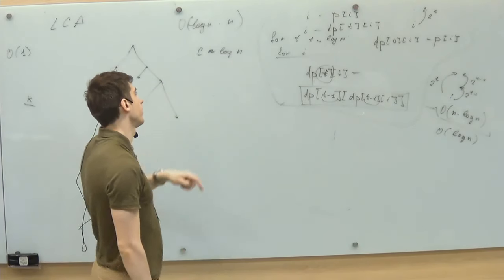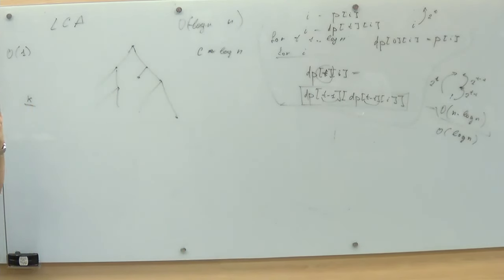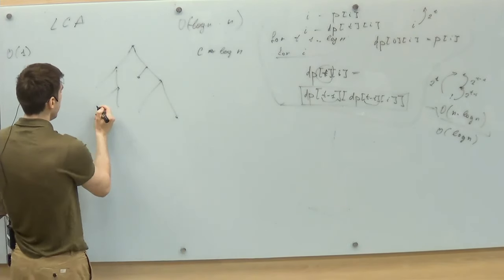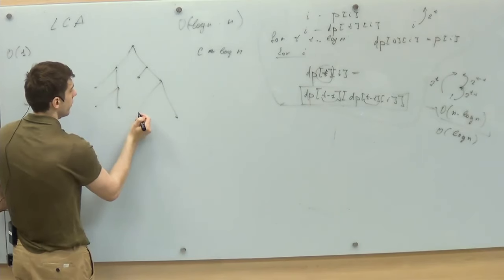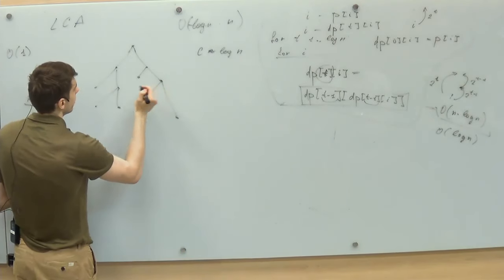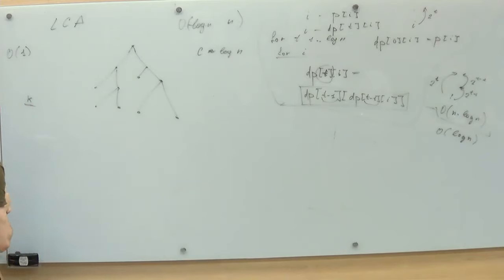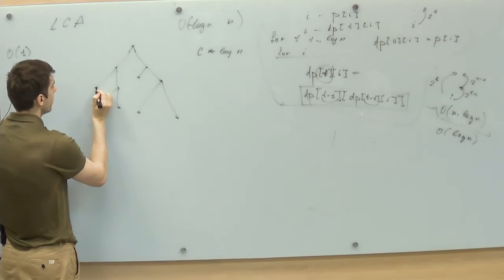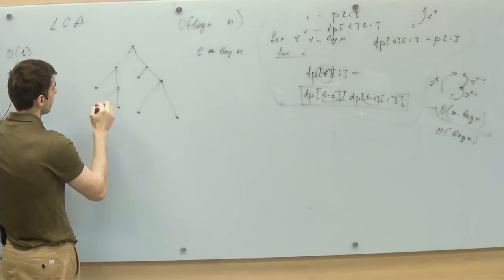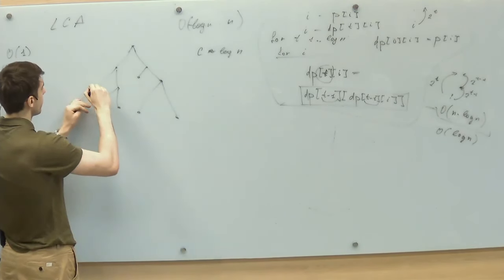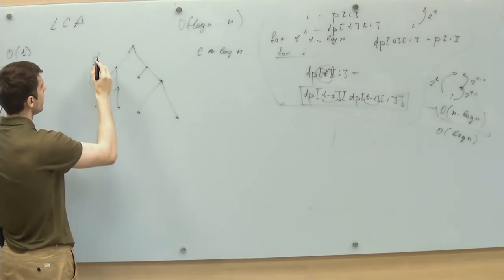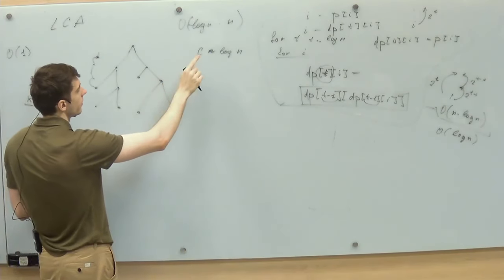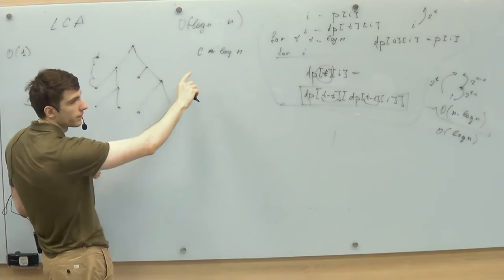So asymptotically, it will be log n. And our goal is to choose some vertices and make them special, so that if we start moving up from any vertex, we will find a special vertex in less than c steps.